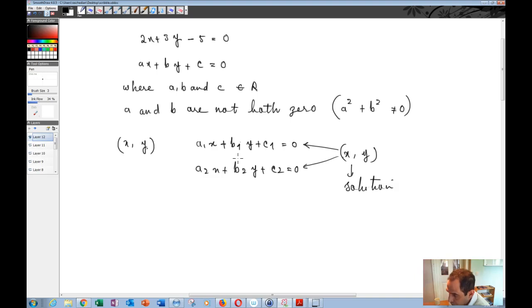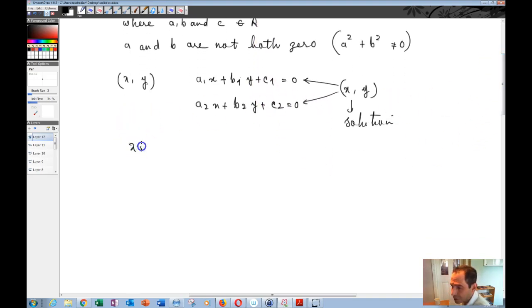And what the solution actually means is that, for example, if you have 2x plus 3y minus 5 is equal to 0, you can write it as 2x plus 3y is equal to 5. Now if you have the point 1 comma 1 as your solution, that means that x is equal to 1 and y is equal to 1.